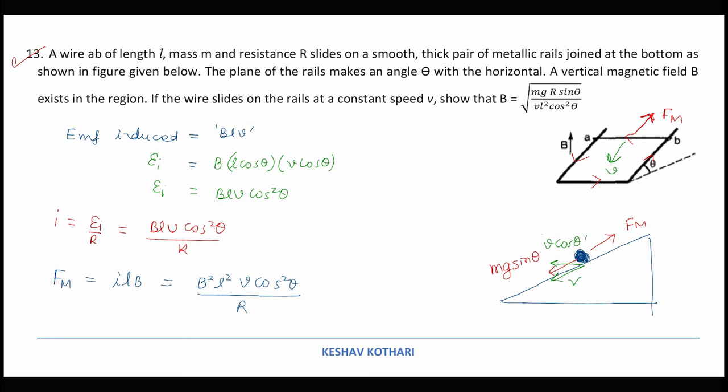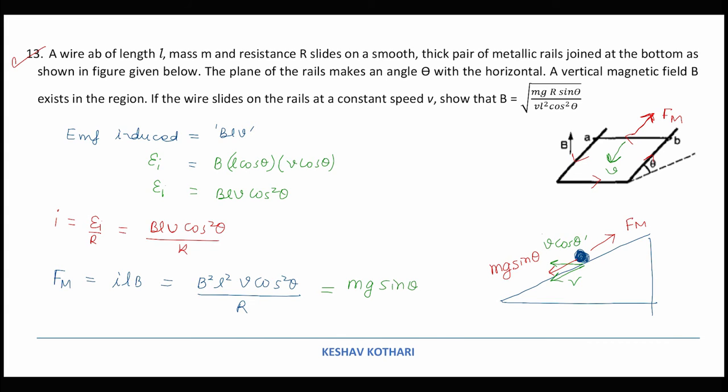And now if this metallic rod is to move with a constant speed v, it is important that the net force on it must be 0. So hence F magnetic is balanced by mg sine theta. So from here I can calculate the value of magnetic field.